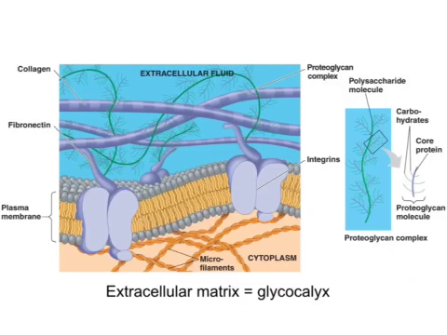Our animal cells are going to be surrounded by what's called an extracellular matrix, which is also known as a glycocalyx. This extracellular matrix or glycocalyx is going to be made up of glycoproteins. You've got some examples here of your glycoproteins: collagen, fibronectin. You'll also see proteoglycans in there.